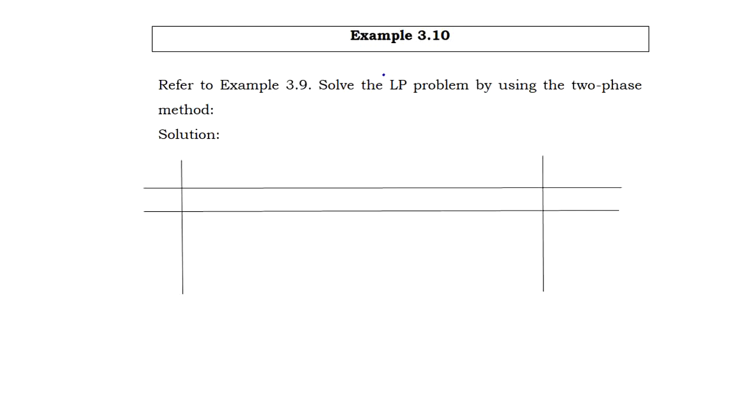So for this case, phase 1, we have only 2 artificial variables, which are A2 and A3. So we want to minimize R equals A2 plus A3.